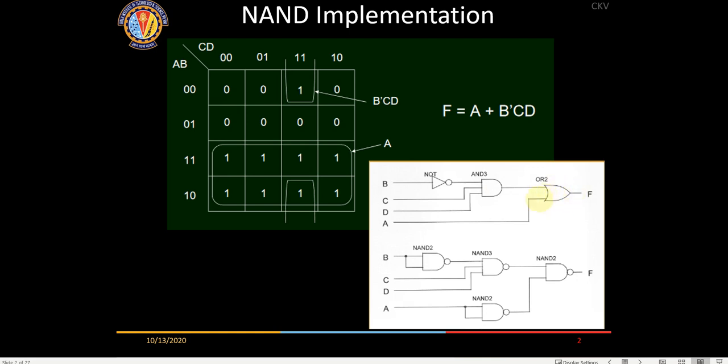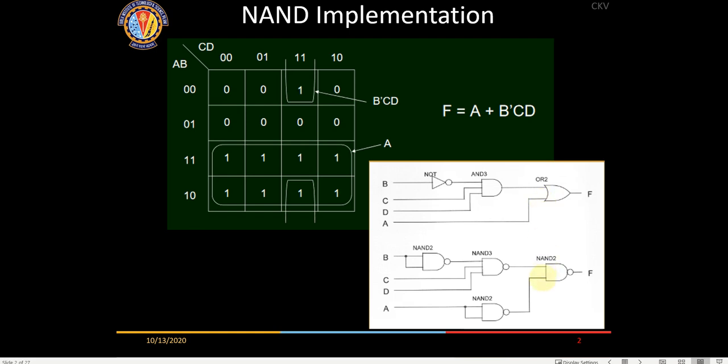Once we put an OR gate here, now we need to convert this into a NAND. So we are going to put a bubble here. This NOT, we have just shorted the input. Now for this OR to become a NAND, we have to put one on the input side also.